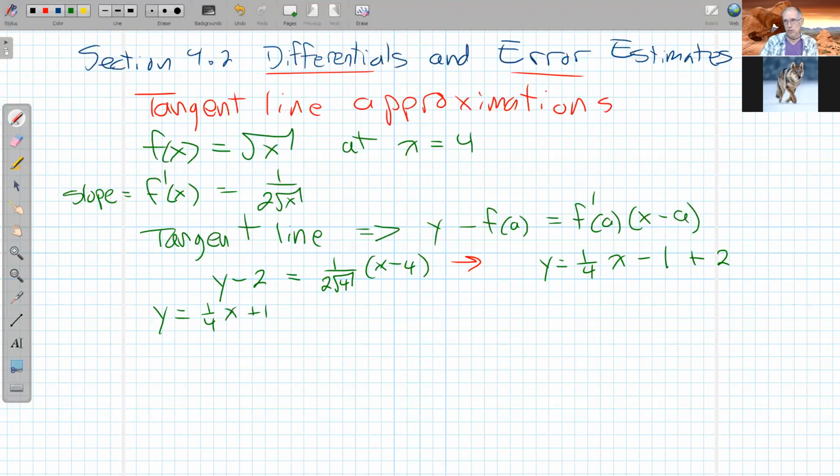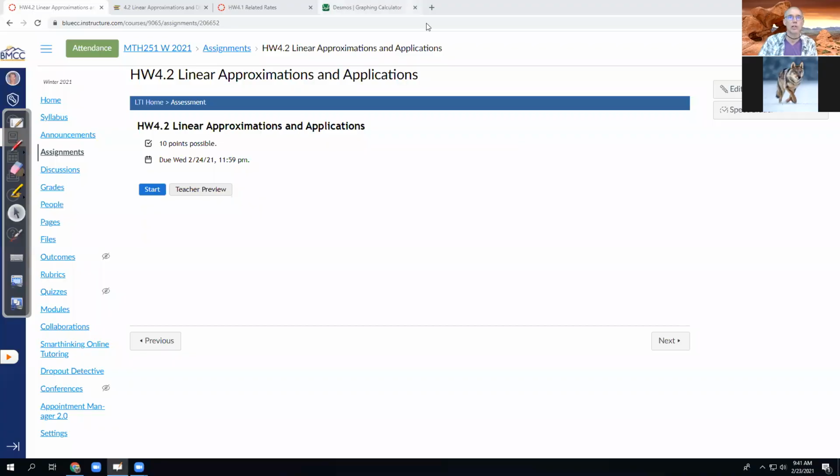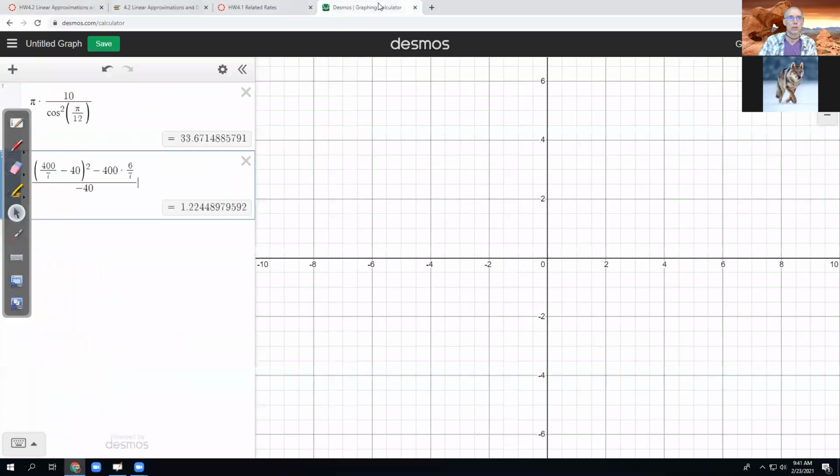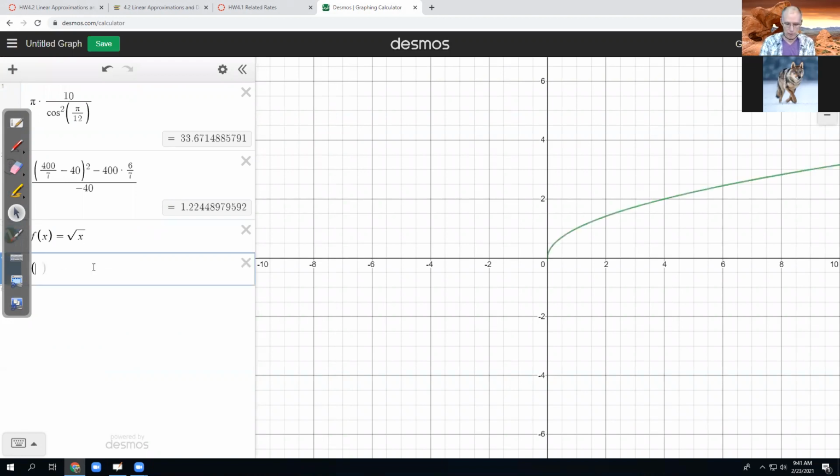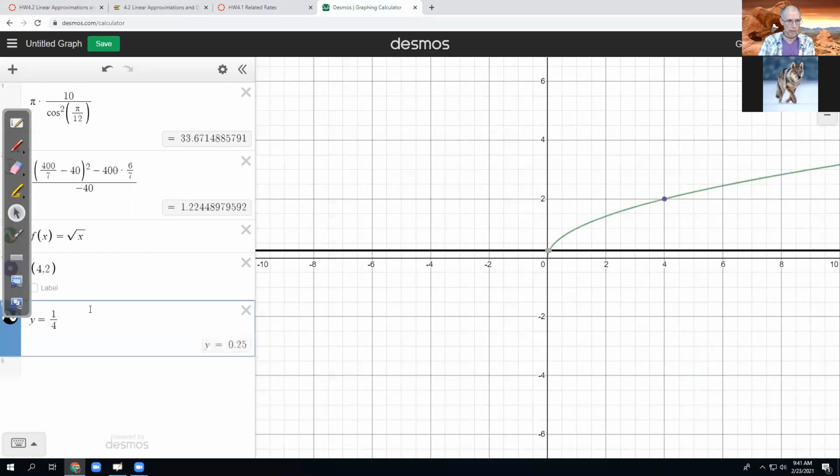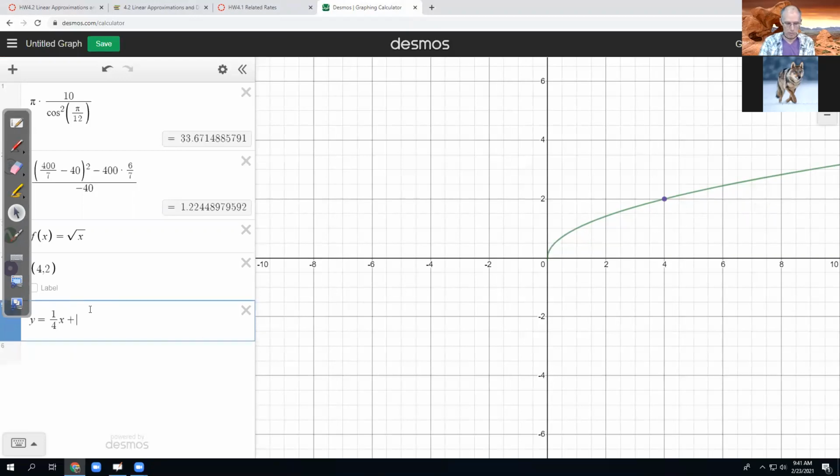So quick check of that in a graph. F of x equals the square root of x, then at the point 4, 2, I think the tangent line is y equals 1/4 x plus 1.